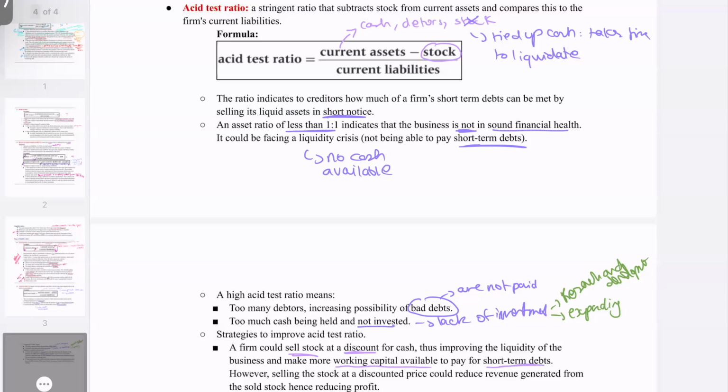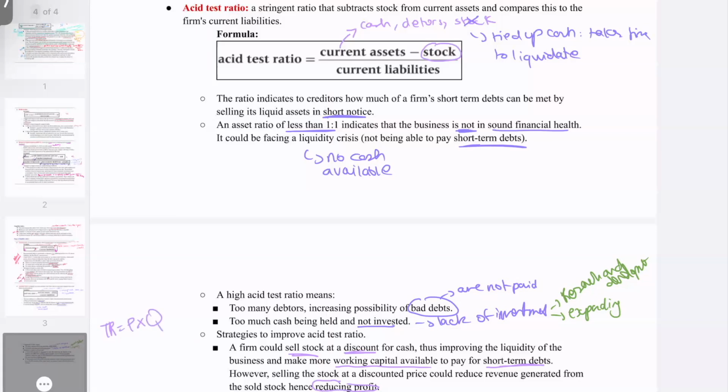However, selling the stock at a discounted price could reduce the revenue generated from the sold stock, hence reducing profit. That's a good thing in that it will fix our acid test ratio and improve it, but at the same time we're selling this stock for a reduced amount, so we could be making more money out of it. So we end up losing money. We end up reducing profit because total revenue is price times quantity, right?